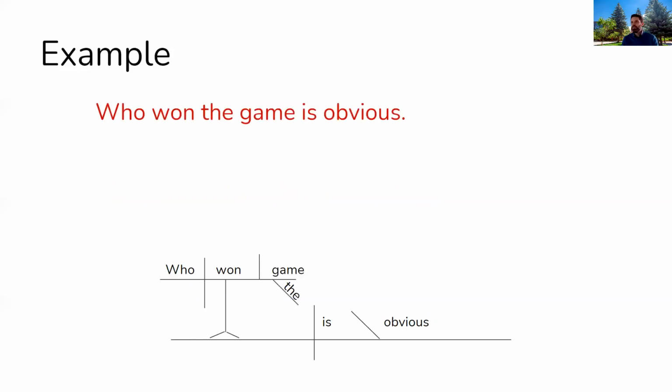So let's look at some examples. Here's another one. Who won the game is obvious. So we have here a sentence, something is obvious, and the something is this dependent nominal clause, who won the game. And so who here is our interrogative. It's taking the subject slot within the clause.